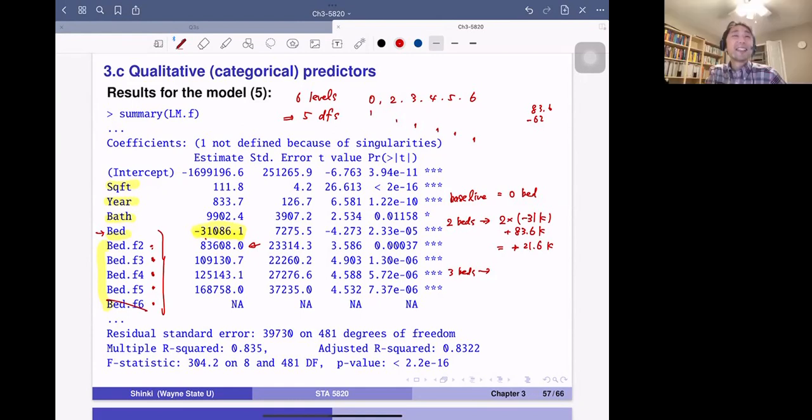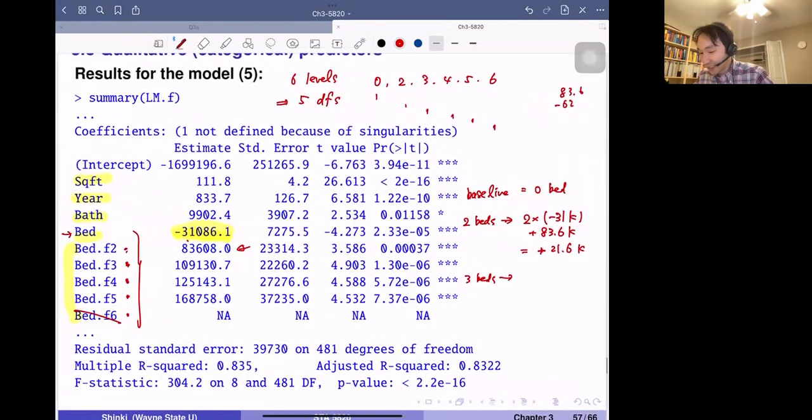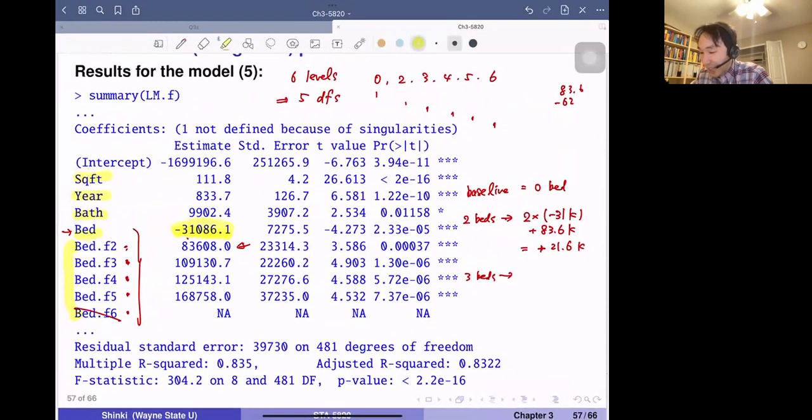So 3 bedrooms maybe is worth more. 3 bedrooms, it looks like that, right? But actually not. You can calculate it. So for 3 bedrooms, this number looks larger, right? Larger than this, but actually the impact for bedrooms also comes from the linear term. So that means 3 times minus 31,000, right? And plus 109,000, right?